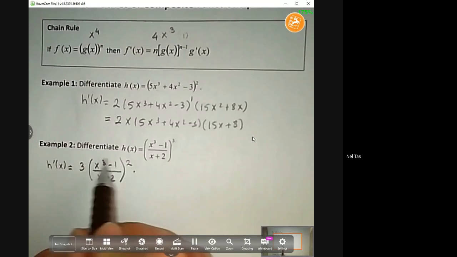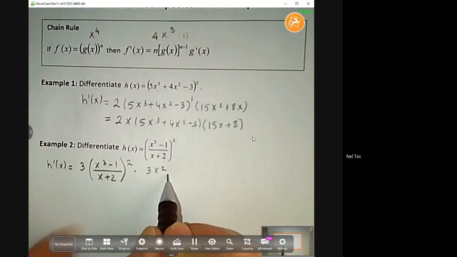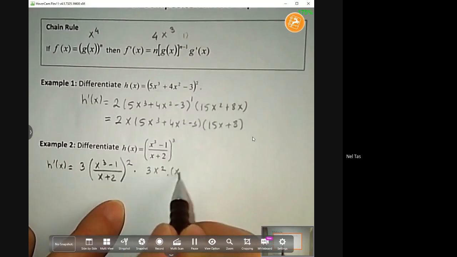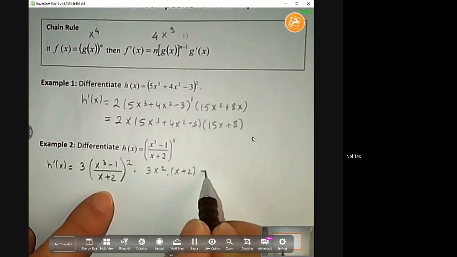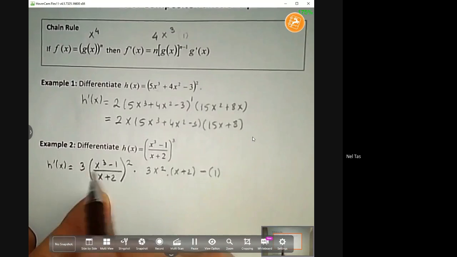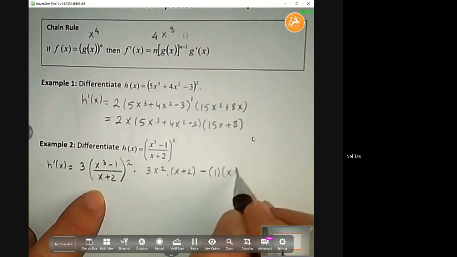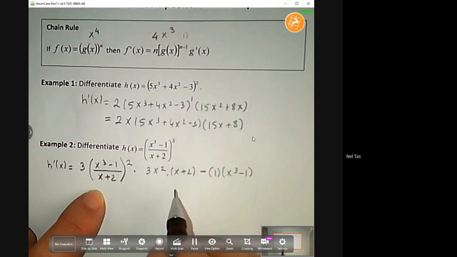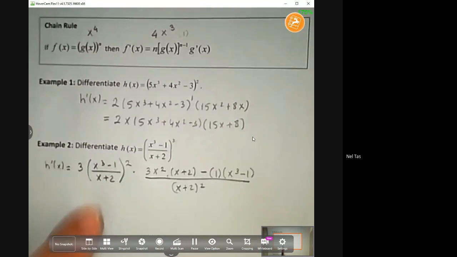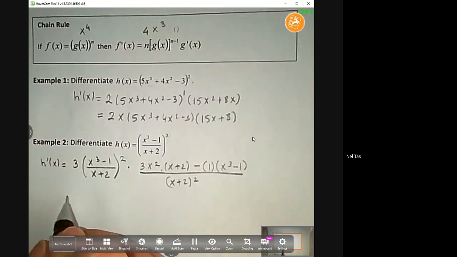So the derivative of the numerator, 3x squared, times the denominator, x plus 2, minus the derivative of the denominator, which is 1 (the derivative of x is 1, the derivative of 2 is 0), times the numerator, x cubed minus 1, over the square of the denominator. Now we will have to simplify this side.